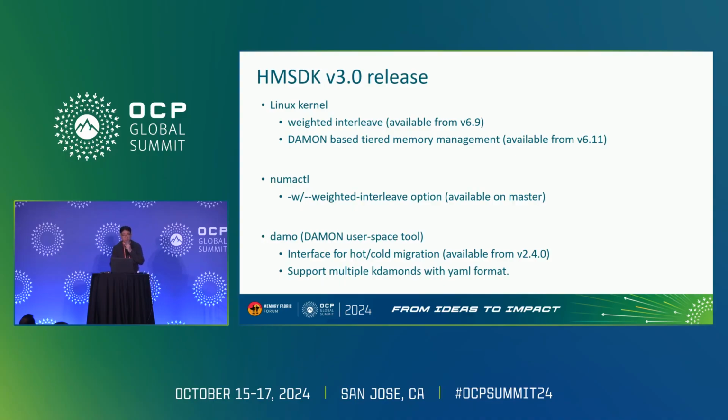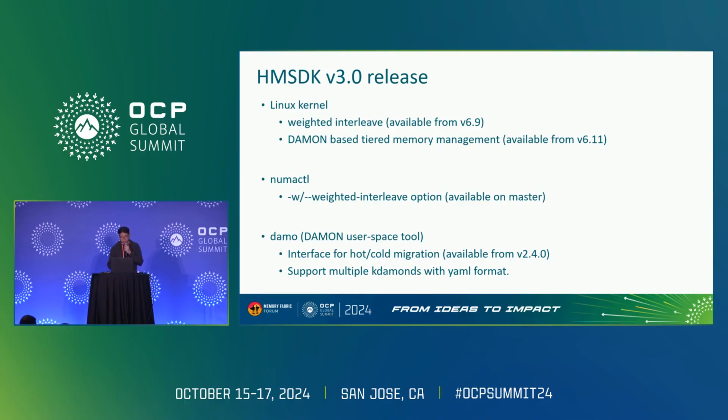DAMON is a Linux kernel feature, fully configured with the sysfs interface, but there are a lot of knobs, and it's quite difficult to handle all the knobs manually. So the DAMON maintainer also created another tool for user space management. In this project, we've also added the hot/cold migration features.